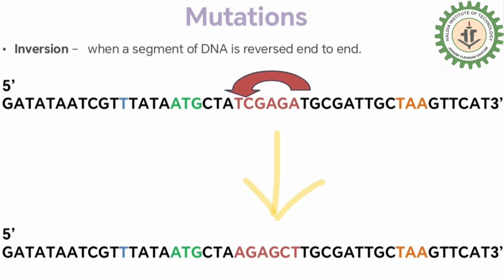The reading frame may remain the same. But the amino acids which were coded by the original sequence are changed in the new sequence with the inverted region, which may code for a few new or altered amino acids. So eventually the final protein will be altered.